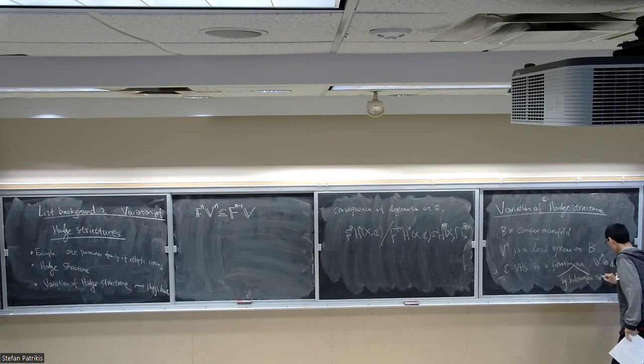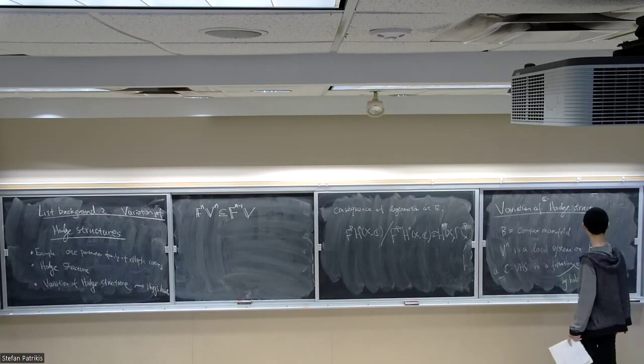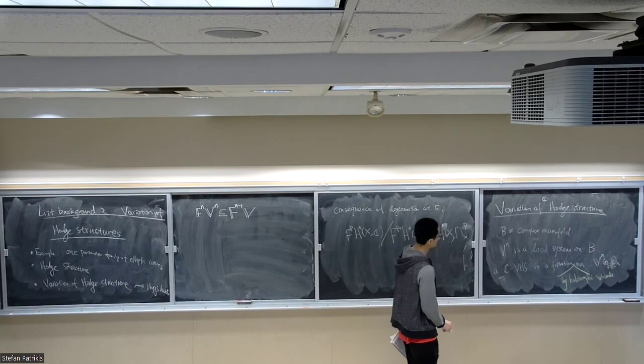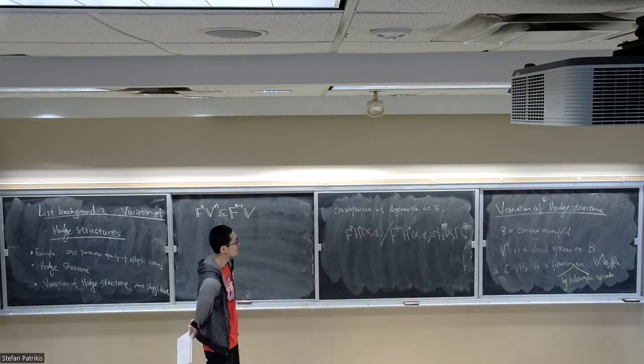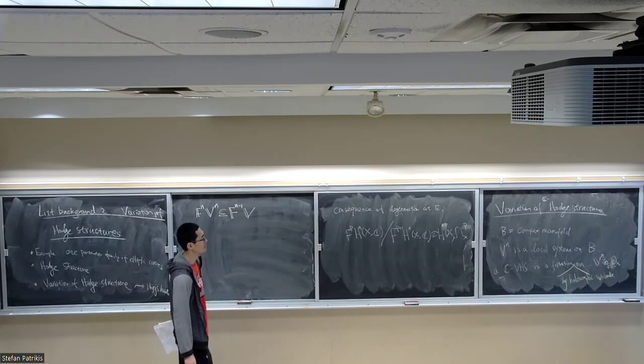So maybe C should be O then? Yeah, you're right. So it's a tensor over C, and structure sheaf, and then we can talk about being holomorphic.